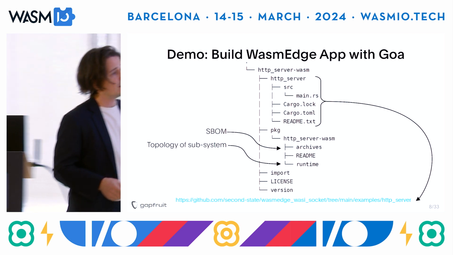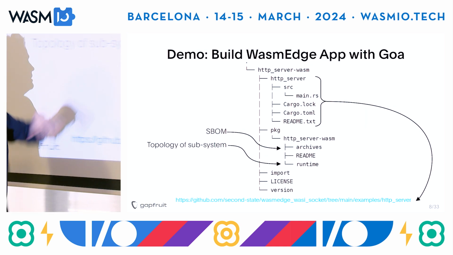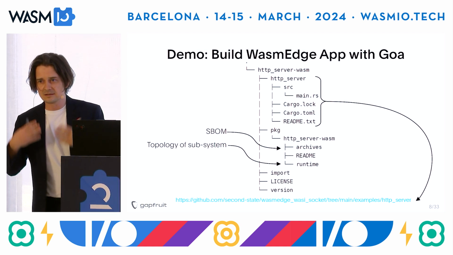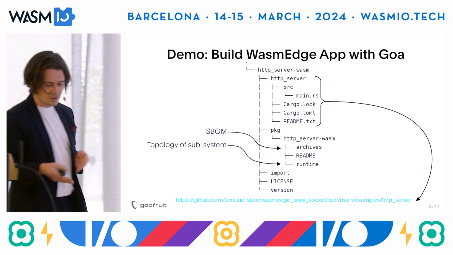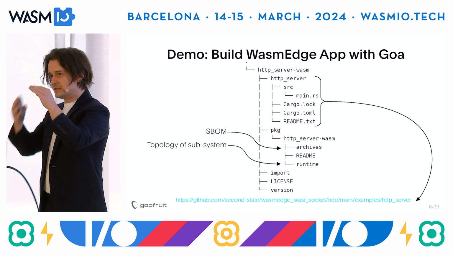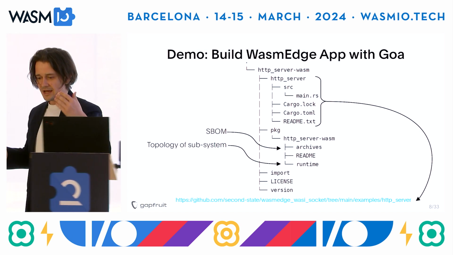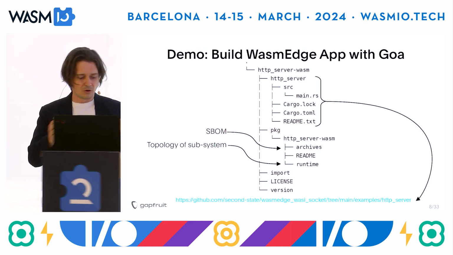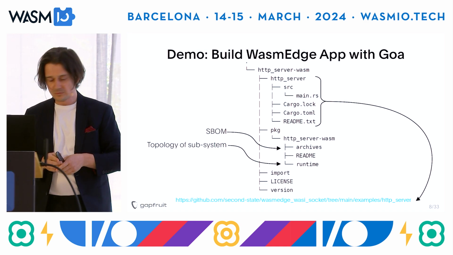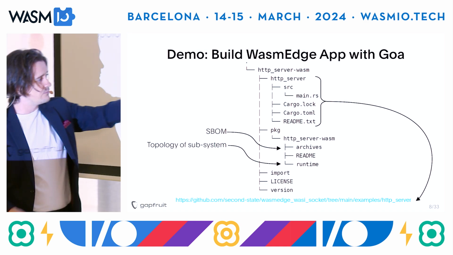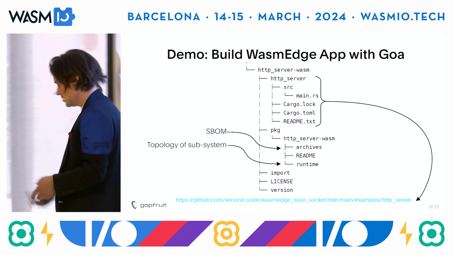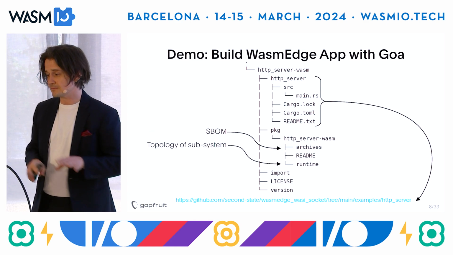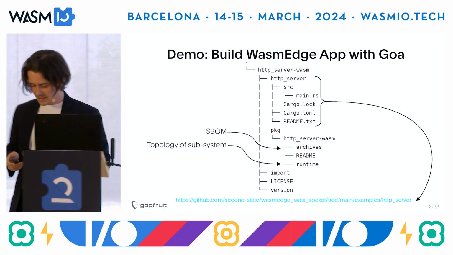The archives file here states the software bill of materials. This means the direct dependencies such as WasmEdge, but also the transitive dependencies such as LLVM, spdlog, the POSIX shim, or even libc. And the runtime file states the internal component topology of that subsystem. I will go into service topologies later in my talk.